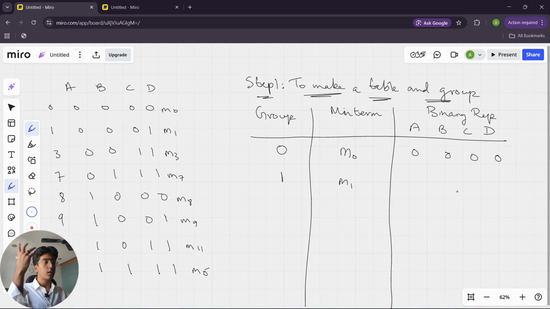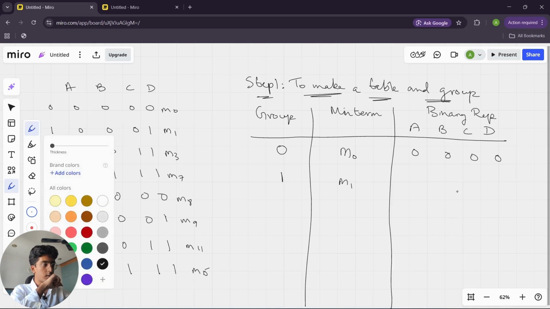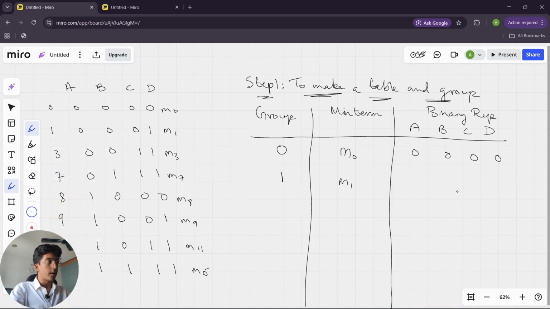Now look, how do we group them in the first place? Let's have a look here. Where is the color? Yes, blue. Here we can see, whatever the binary representation is, that minterm m1 has only one 1, and m8 as well also has only one 1.